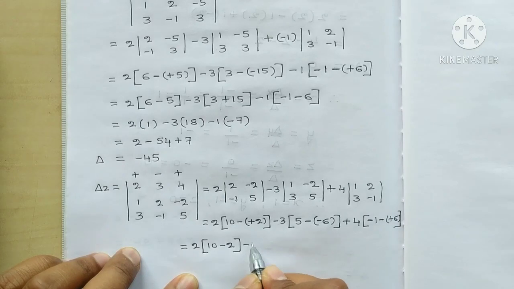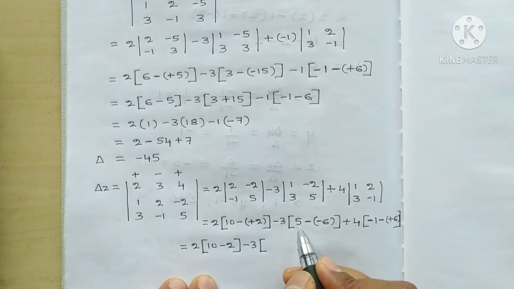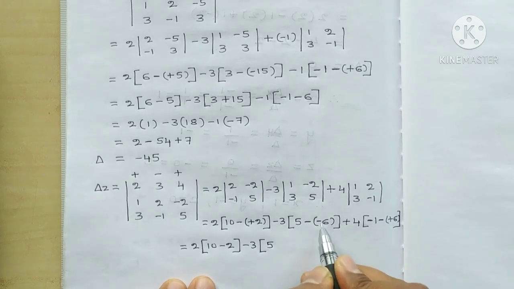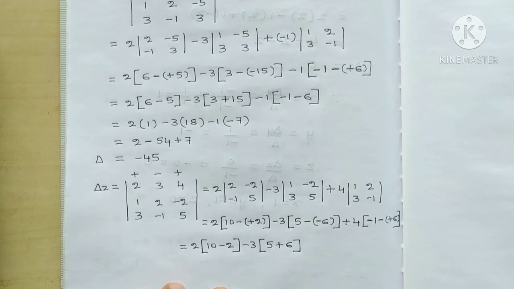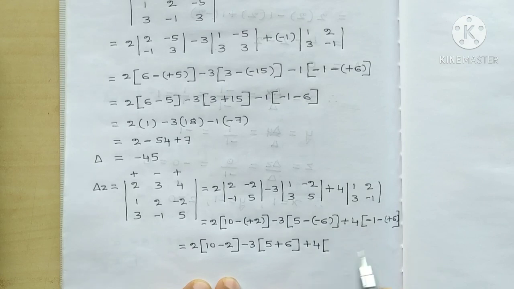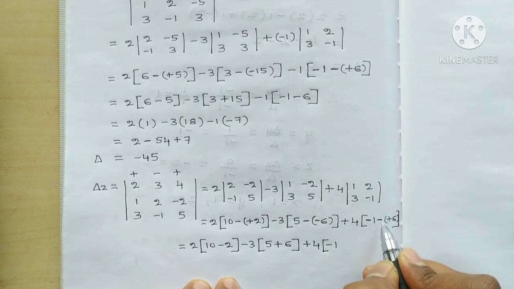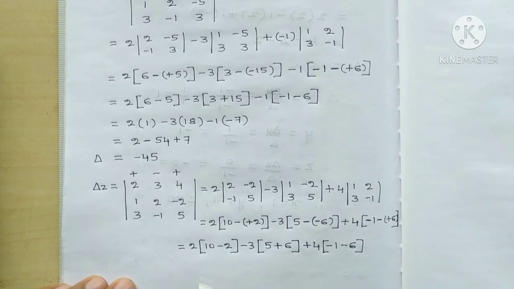Next, minus 3 into bracket, again 5, minus into minus is plus 6. Next, plus 4 into bracket, minus 1, minus into plus is minus 6.